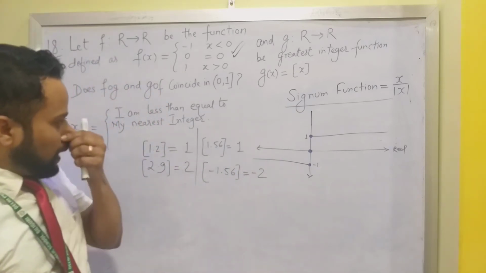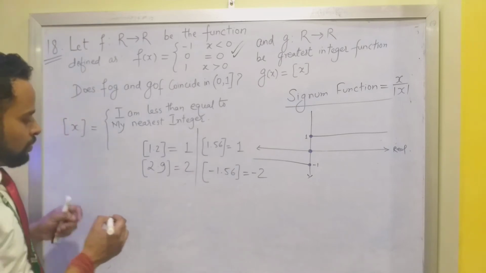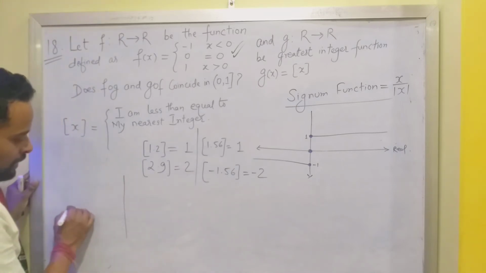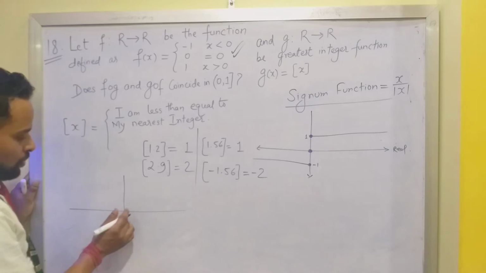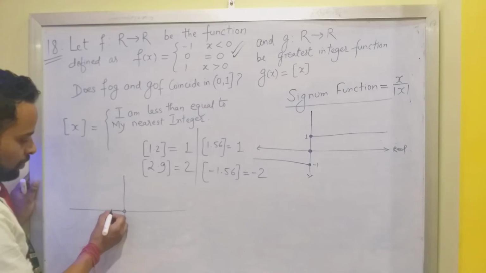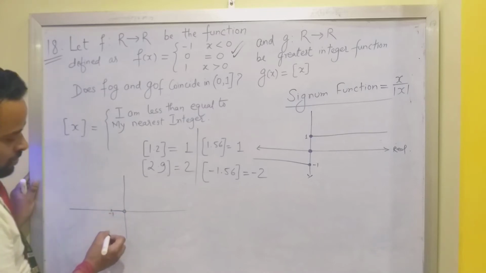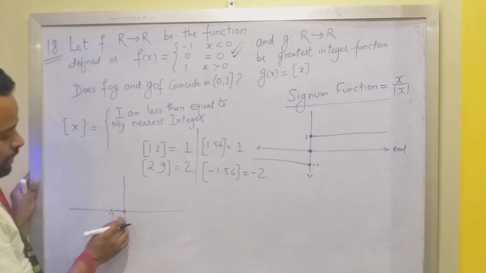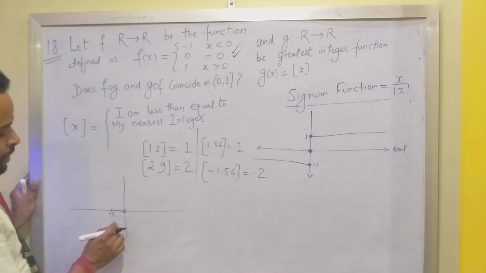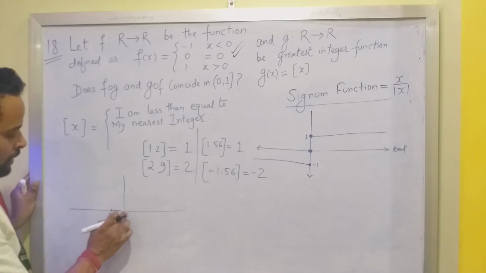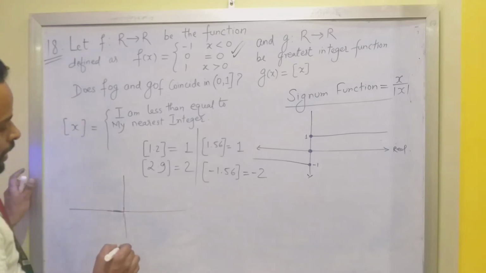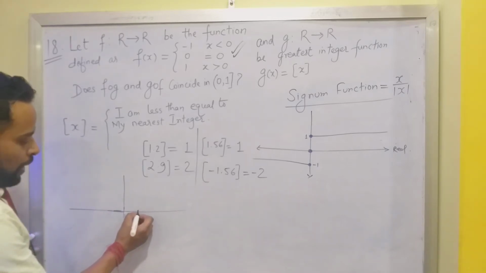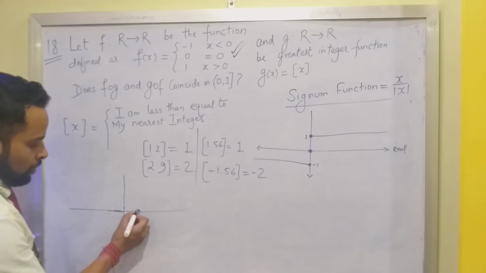So the graph of this greatest integer function is a stepwise graph. Anything which is less than 0 becomes minus 1. Anything which is less than 1 becomes 0.